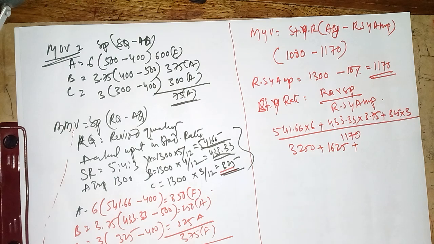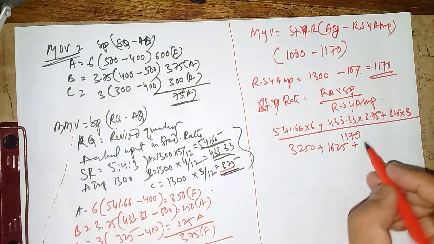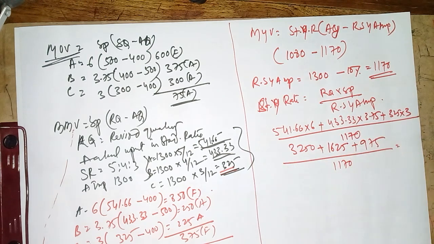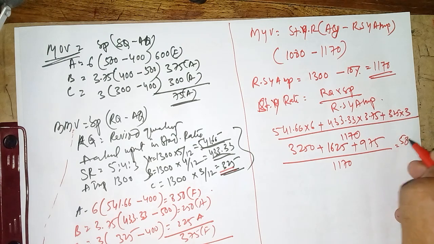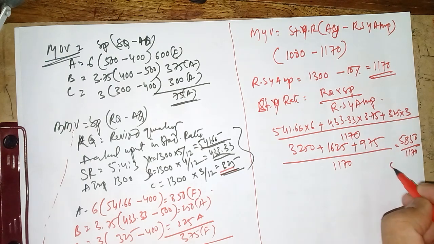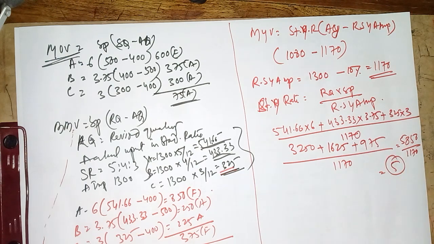Plus 325 into 3 is equals to 975 whole divided by 1170. So 975 plus 1625 plus 3250, 5850 divided by 1170 is equals to 5 is the answer. So revised standard yield rate is 5.